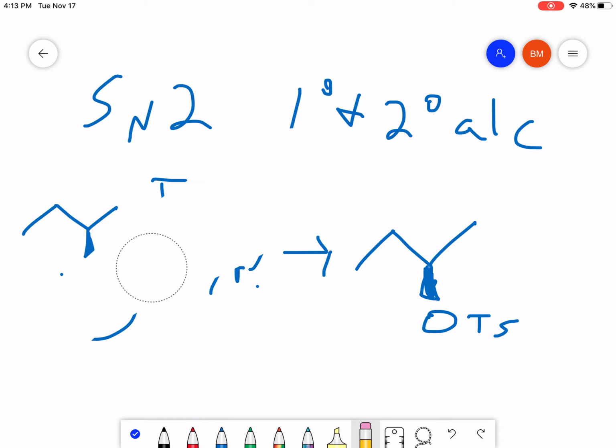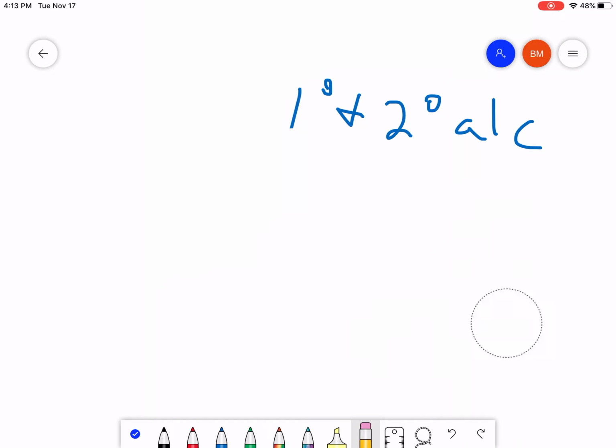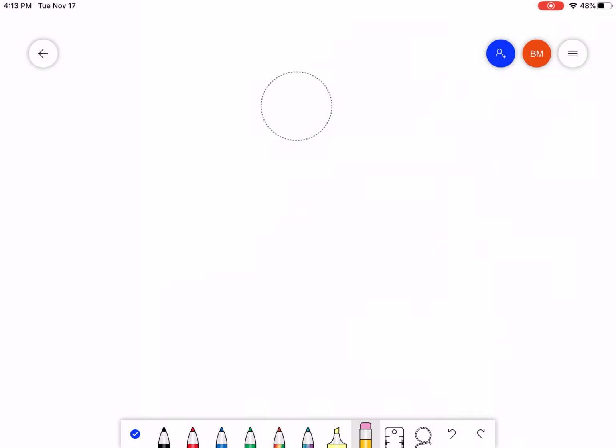All right. So, that's how you make tosylates. Pretty simple. Now, what do you do with them? As it turns out, tosylates are fairly versatile. There's a couple of different things that you can do with them.